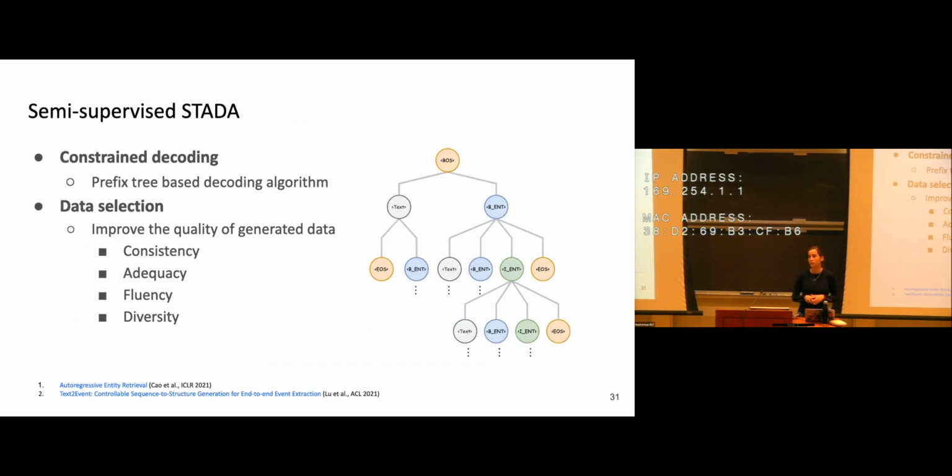Now, the one thing that is different here is we have a pre-trained model, and decoding, if you have worked with these models, is something where you have multiple options. In this case, we look at decoding more carefully because, again, it's labeled data, and we need to pay extra attention to how the data is generated so that we have consistent and appropriate labeled data. So we use constrained decoding.